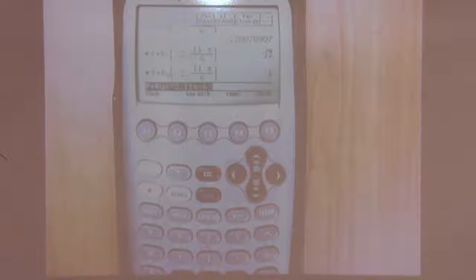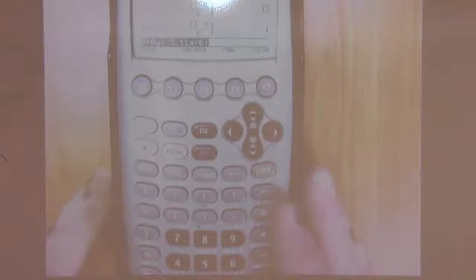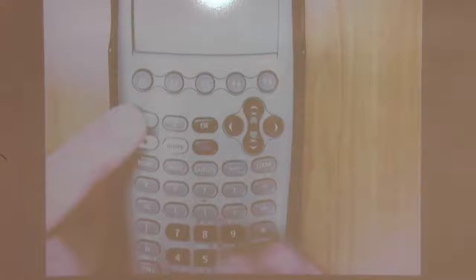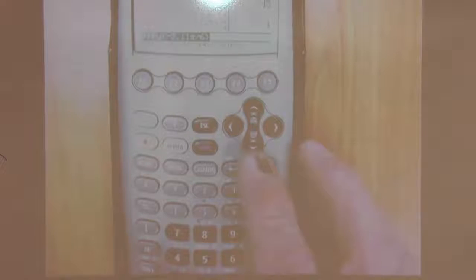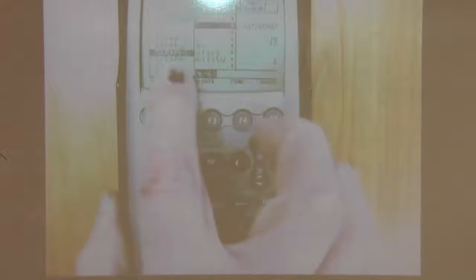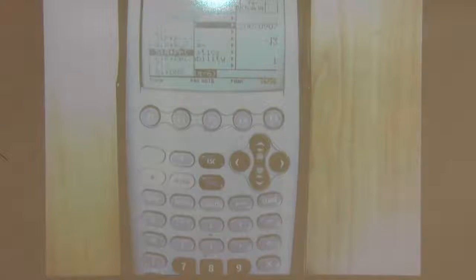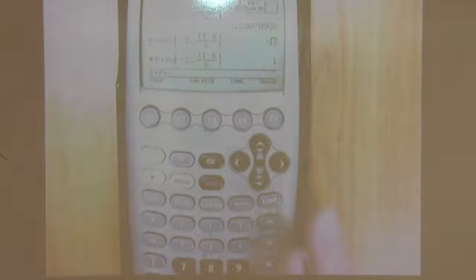Now this time, go to the math menu again. I just shut off right when I hit the button. Second math, angle. Now we're going to go R to P r. That means from rectangular to polar, the r, the radius. And our point is 3, negative 2.